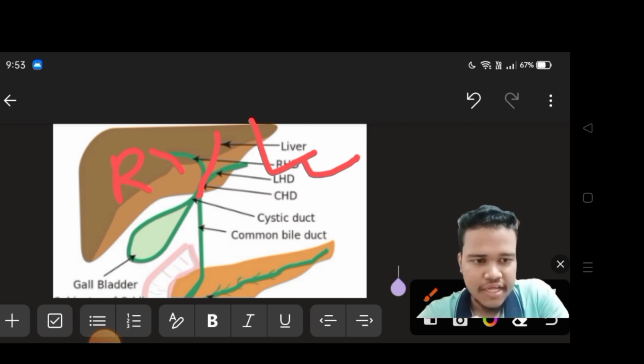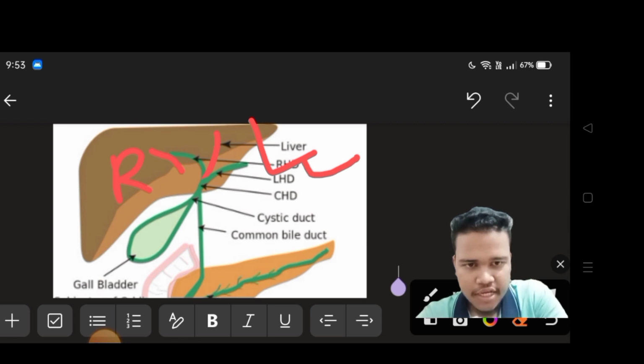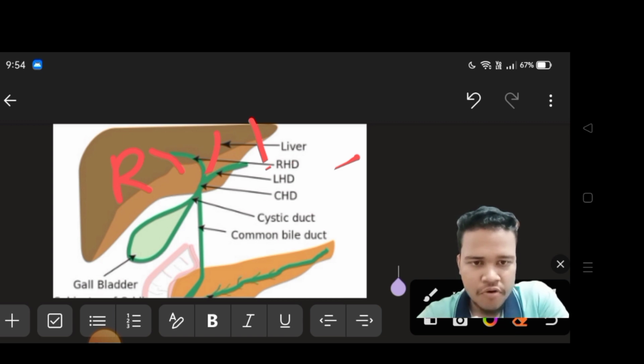Our right hepatic duct and left hepatic duct together form a common hepatic duct. So this is our common hepatic duct, or CHD.